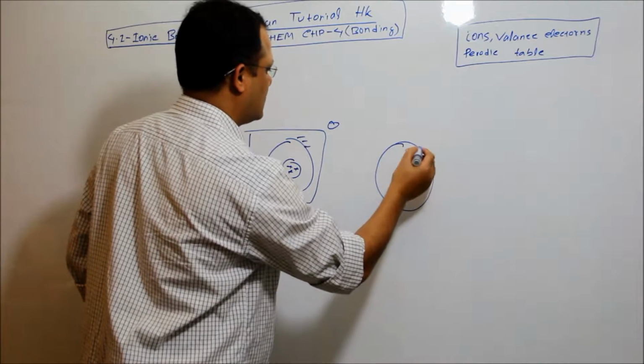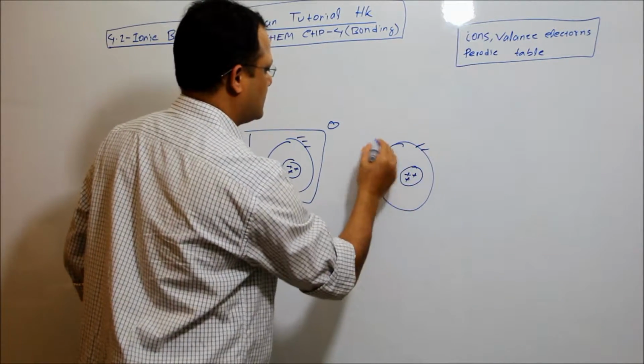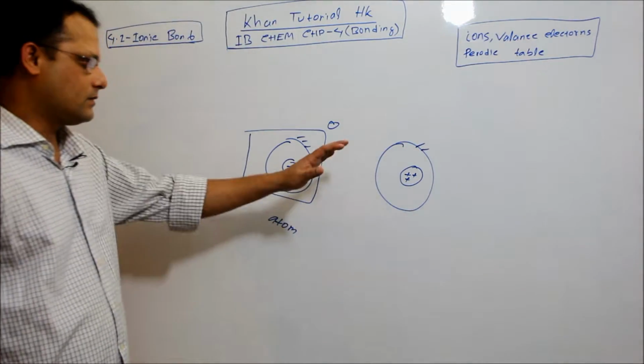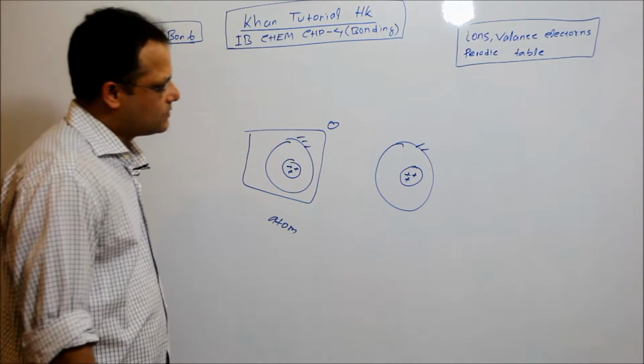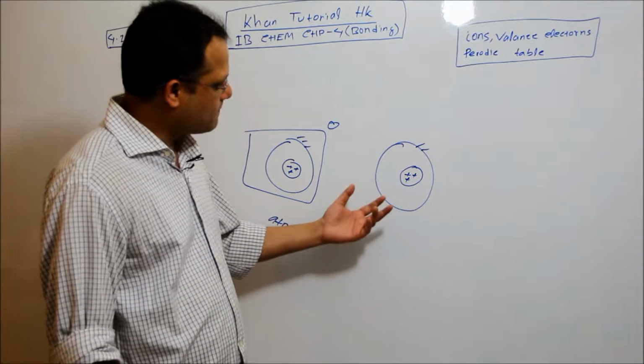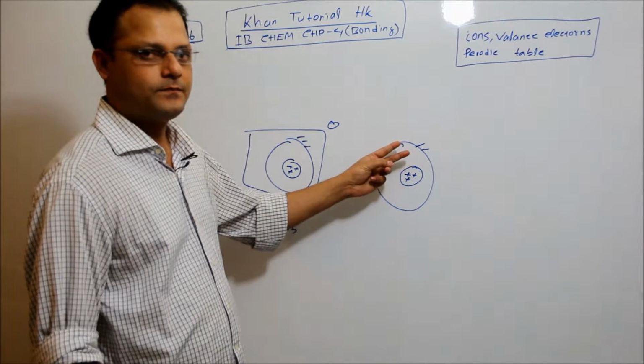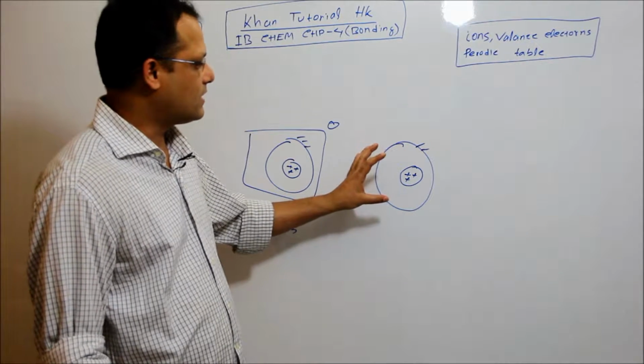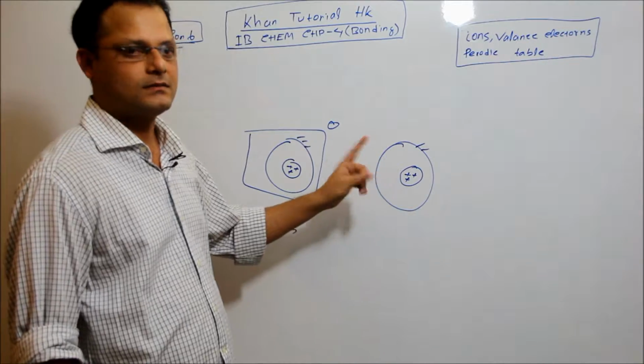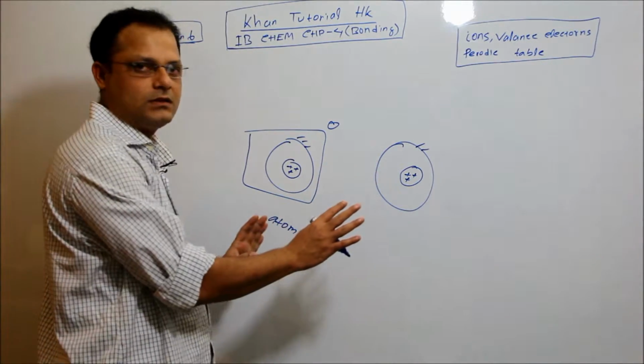So 3 plus and 2 minus means it has 1 excess plus, so this is no more electrically neutral.